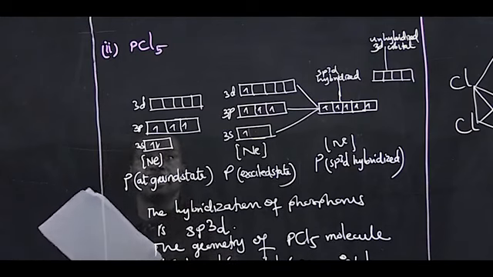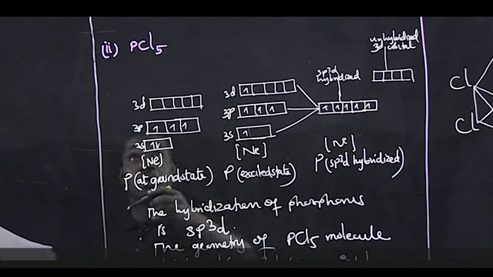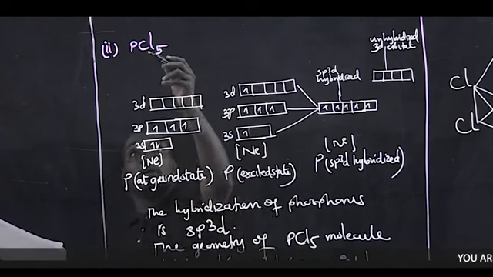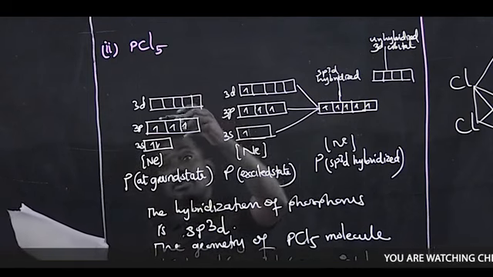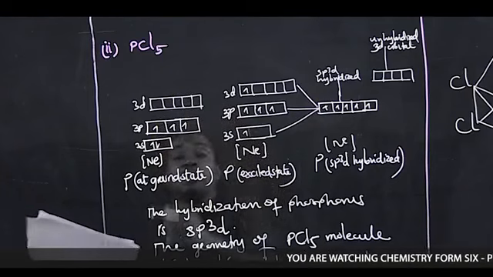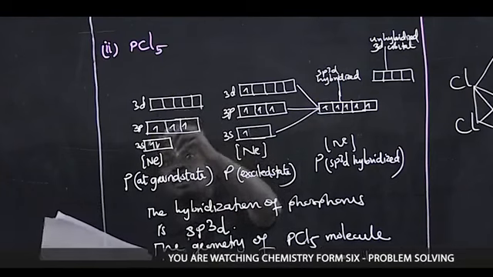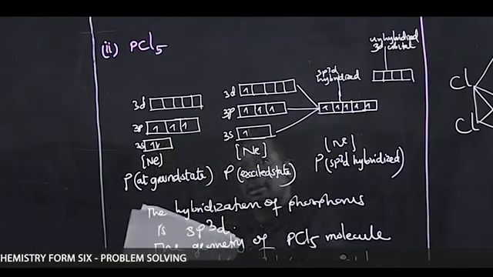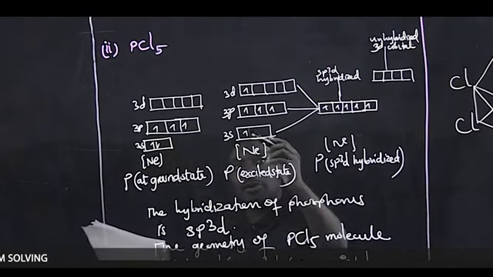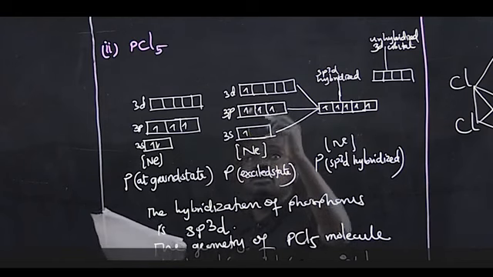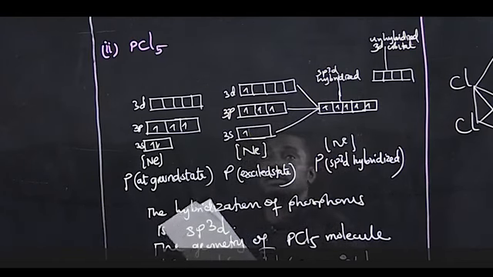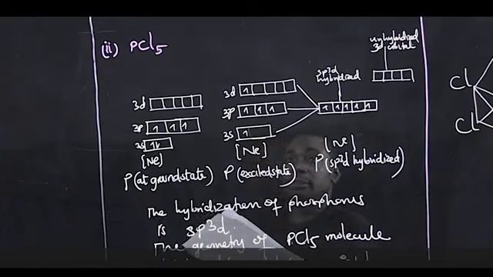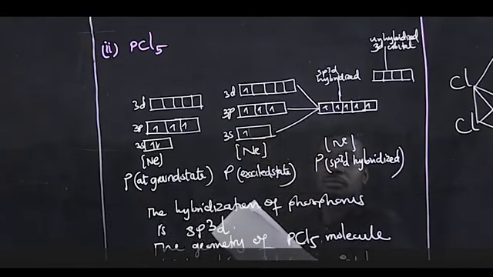At ground state, the outermost subshell of phosphorus is filled in 3s and 3p, and 3d is vacant or empty. At excited state, an electron is promoted from 3s to 3d, which gives phosphorus 5 unpaired electrons.